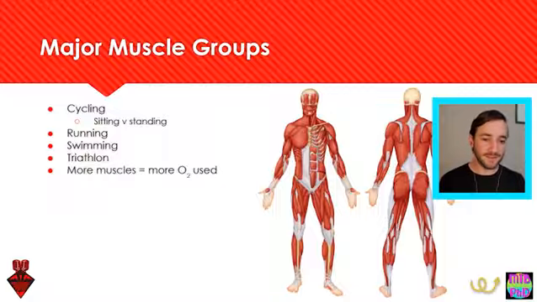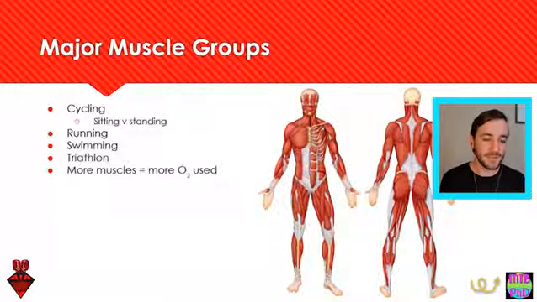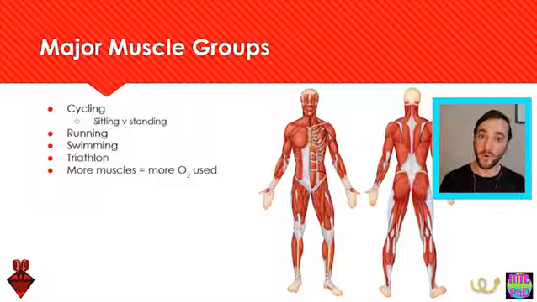So suddenly we're using our arms, and this cyclist with really skinny arms, they kind of have a hard time holding themselves up because their arms aren't that developed. So suddenly we need more oxygen, and that's why we might see our heart rate increase when we stand when we're cycling. And we're also holding our body weight up, so we need to create more force at the same power when we're standing.